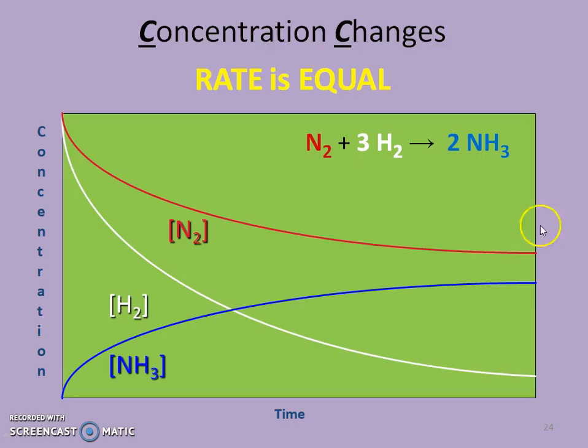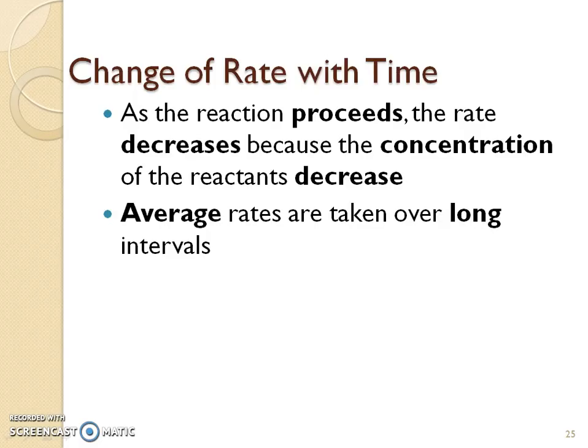So again, looking at that graph, we can see that we are decreasing according to the molar ratio, and we're increasing products according to the mole ratio, okay? So that rate is kind of going at an equal speed according to how much reactants or how much products are being made, okay?